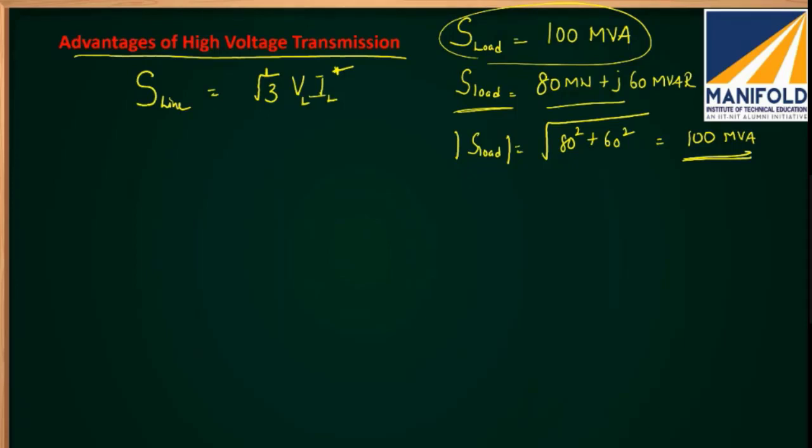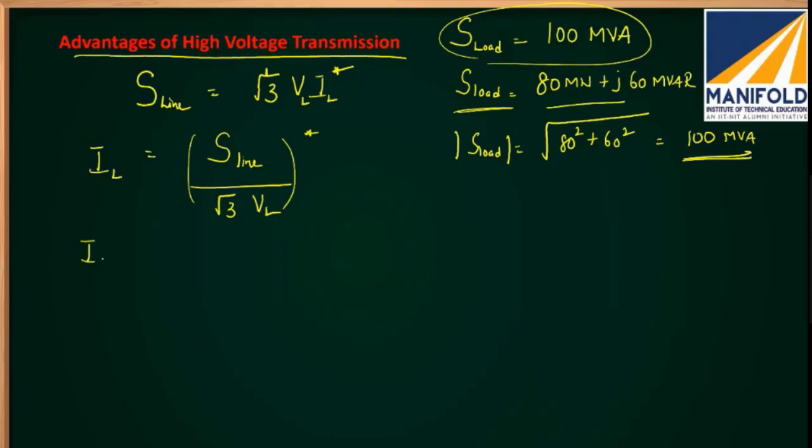So the complex power transferred in a line is given by root 3 VL IL conjugate. So now if I want IL, it will become S line divided by root 3 into VL whole conjugate.